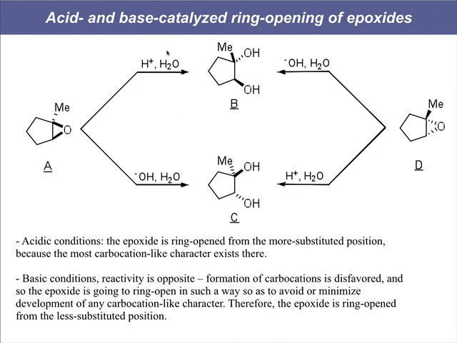Or under acidic conditions, the water is going to attack the more substituted position. That's going to attack the carbon with the methyl group and invert that stereocenter because this is SN2 displacement. So the O would be on the bottom side of that carbon and it would leave us with the O on the top side of the other carbon.